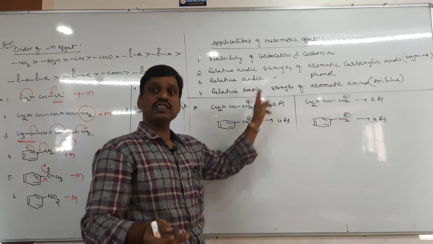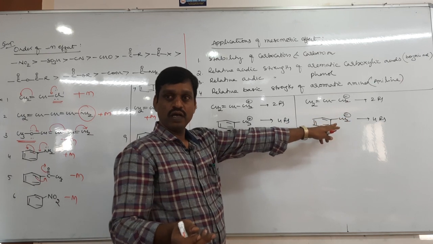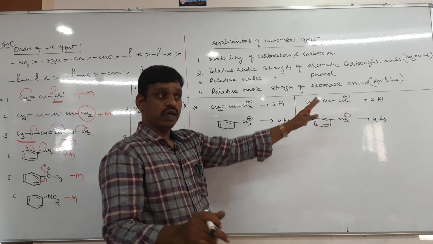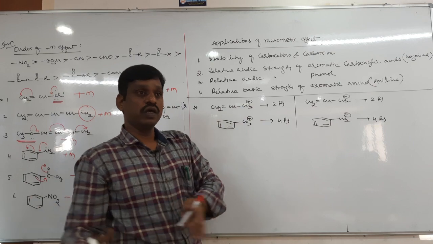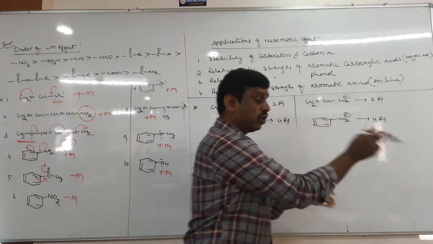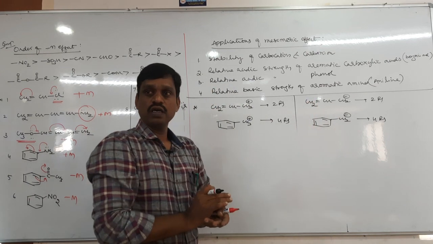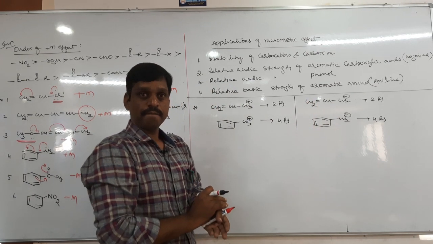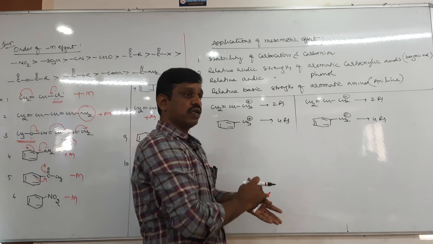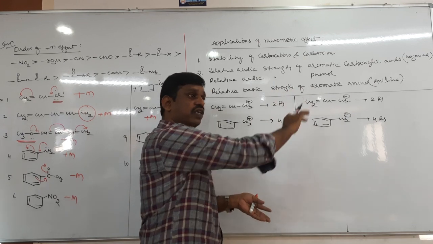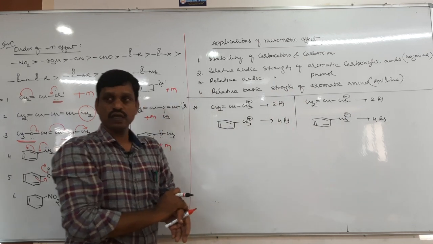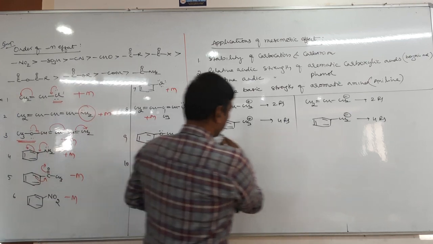It is a carbocation, that is a carbanion. You can compare carbocations only, and carbanions only. Don't compare the stability of this and this. Both structures are different, stability different, everything different. Okay, fine.